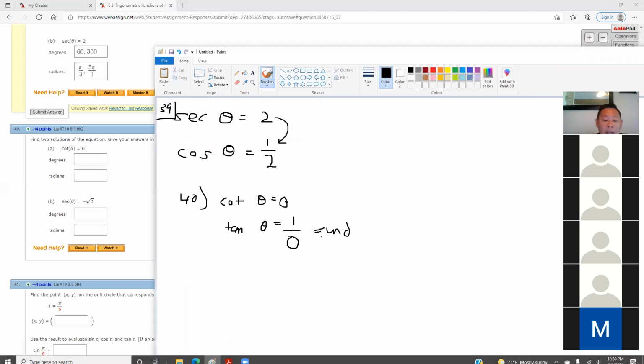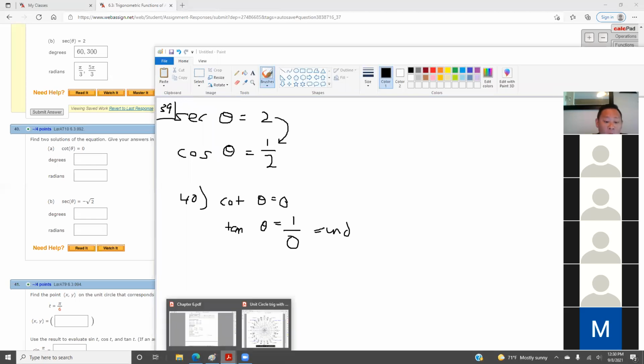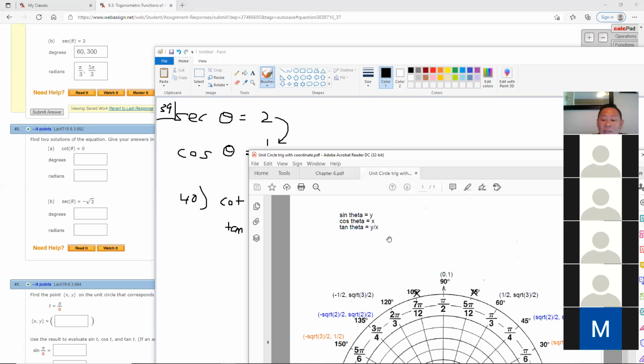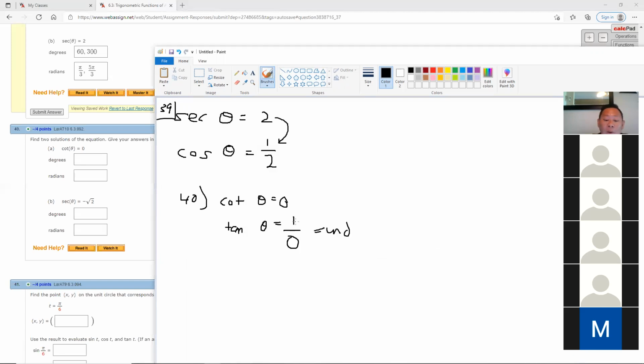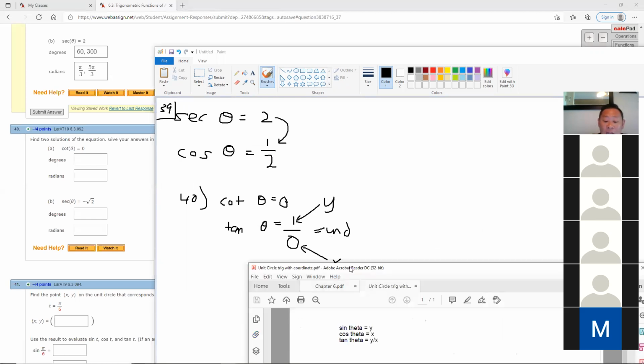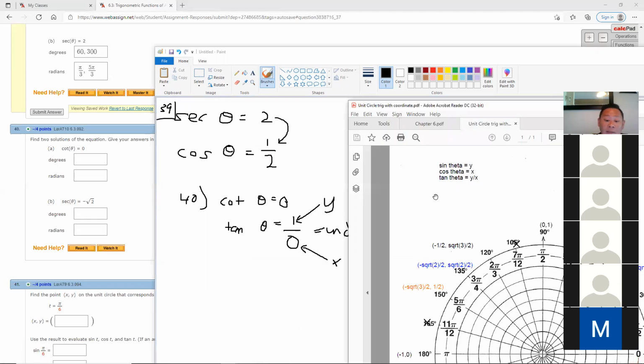So that means that if you look at your unit circle, tangent in this case is actually y over x. So that means that your y value has to be 1 and your x value has to be 0. So that's what it means by tangent. Tangent is y over x.